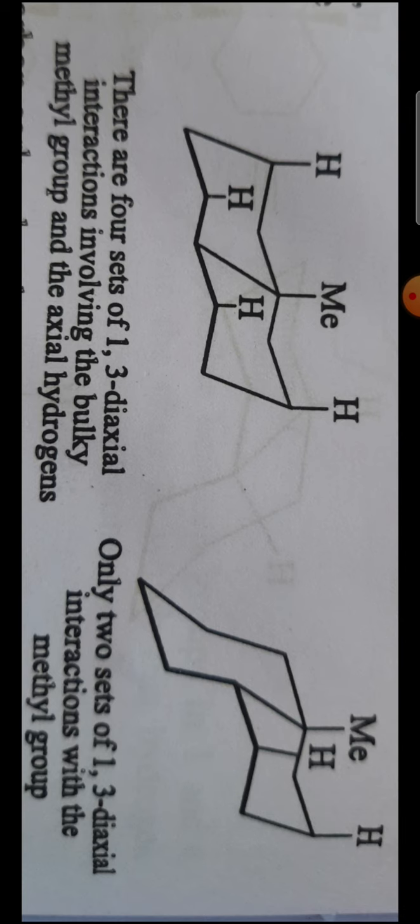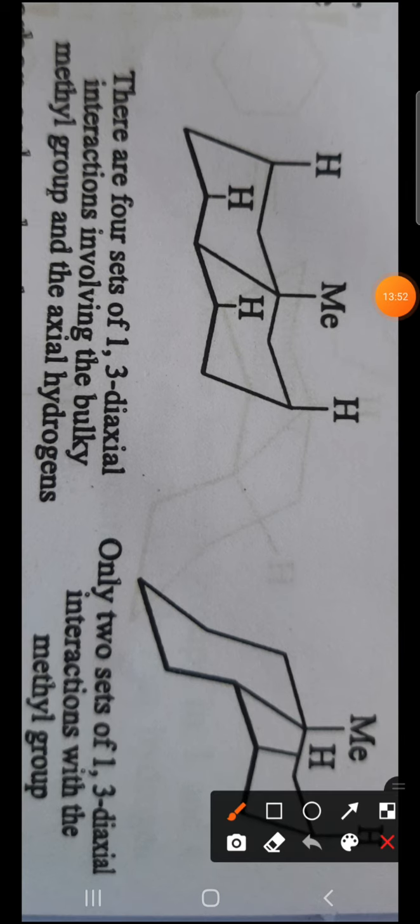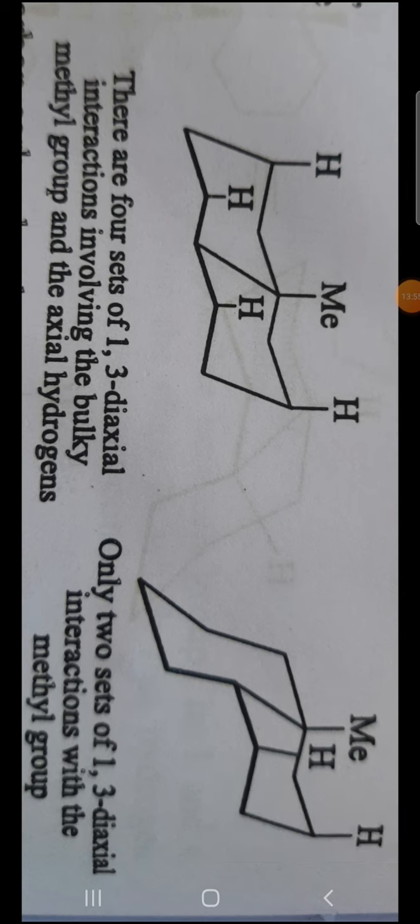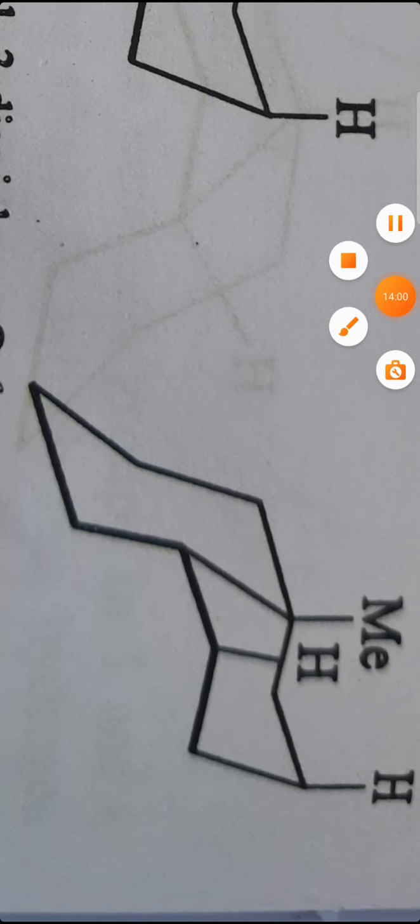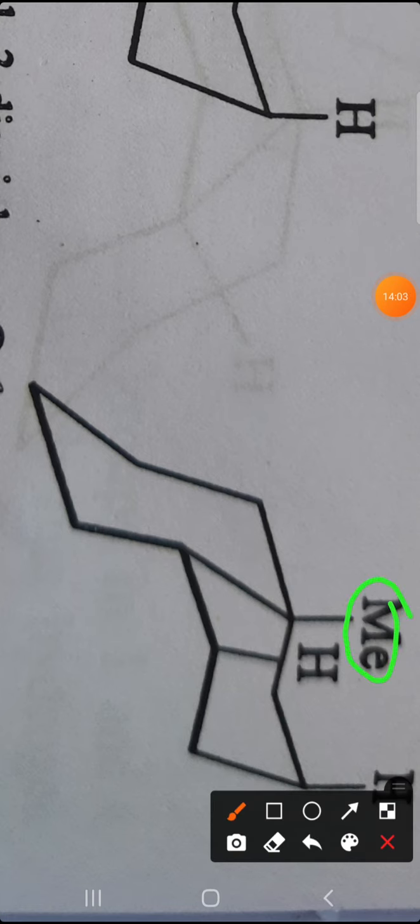In case of cis decalin, this methyl, which is the substituent at the fusion point, is equatorial for this ring, and for this ring it is axial. And in case of a trans decalin, the angular substituent is axial with respect to both rings.